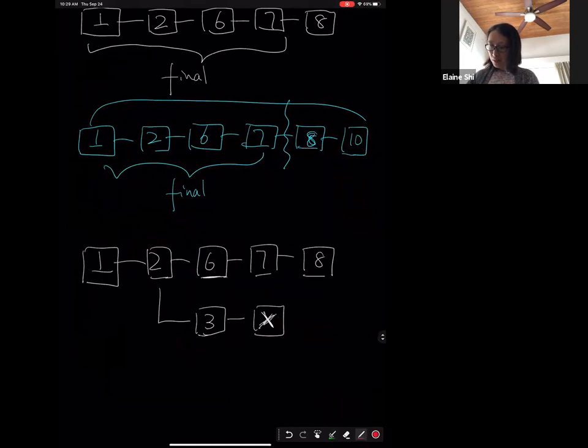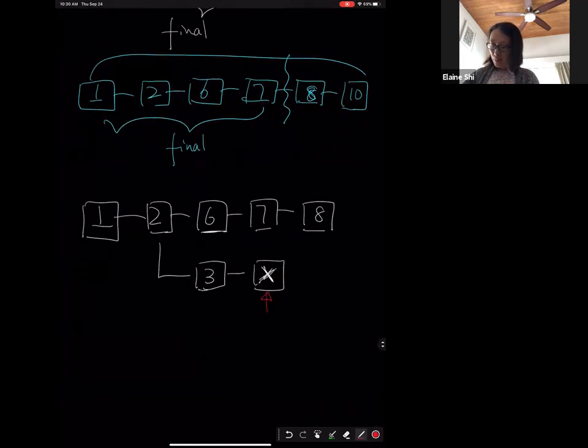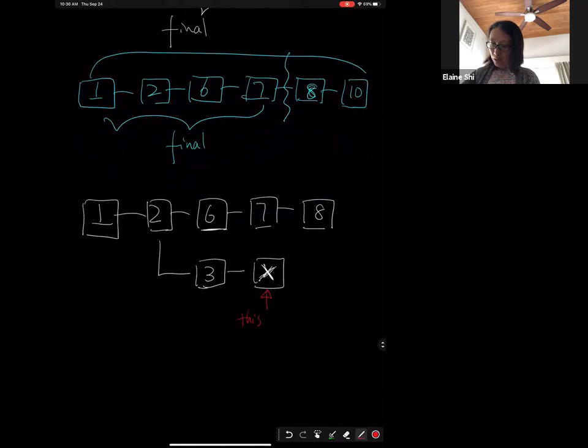So this is not possible. This block can never get notarized. And that's what we will prove, actually.